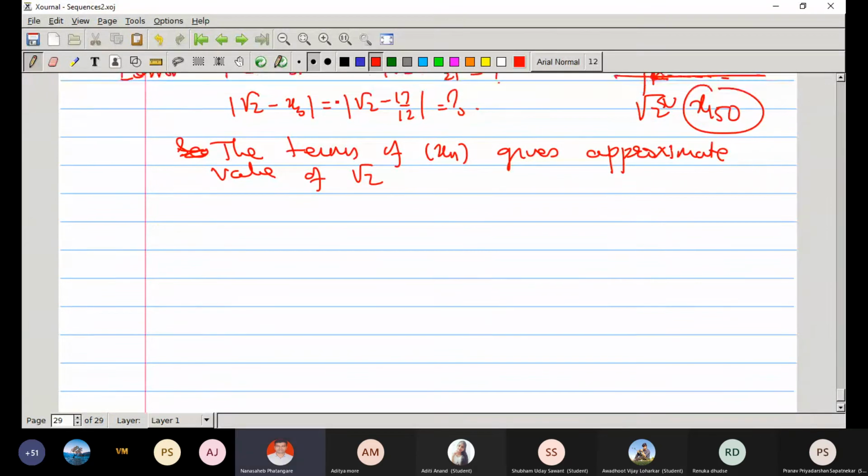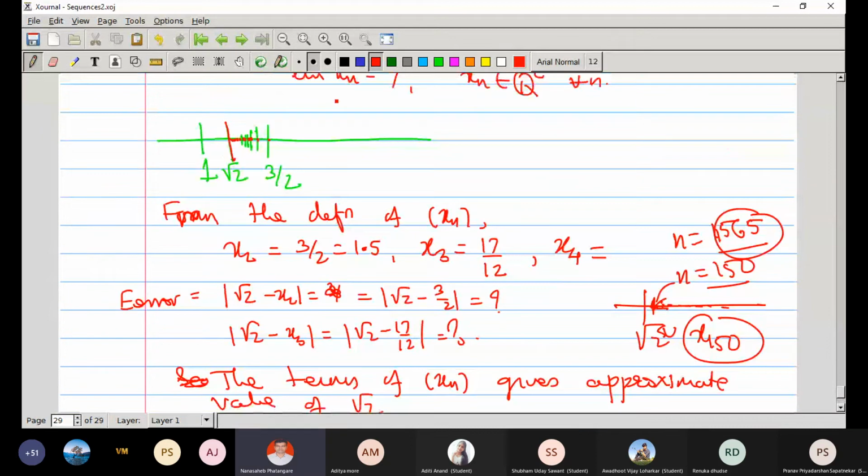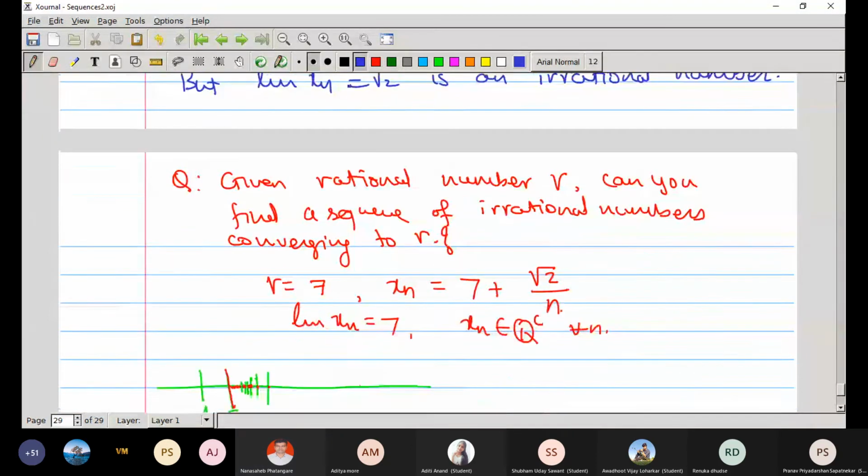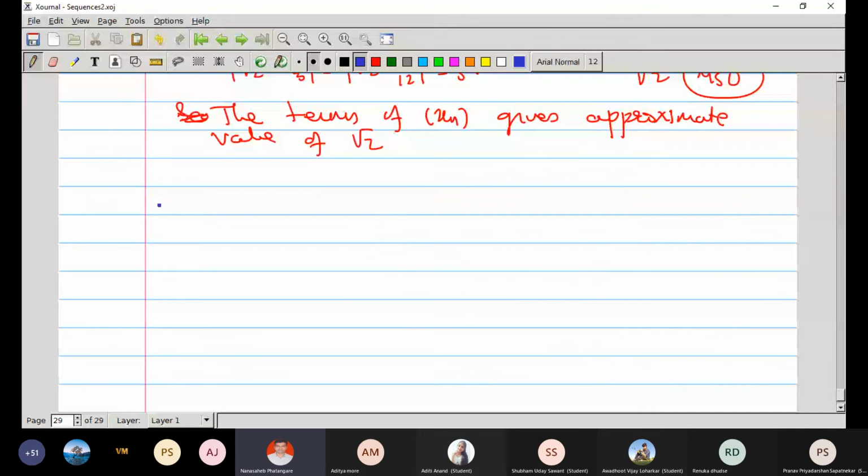Now, second point is: can you approximate root 3?